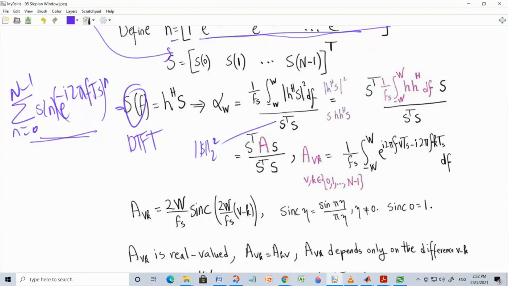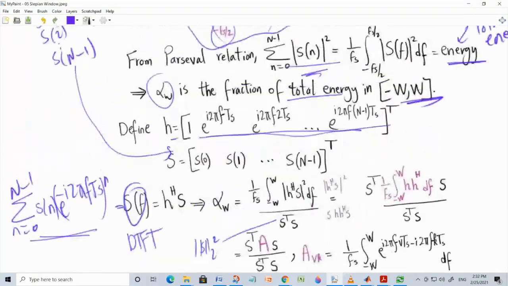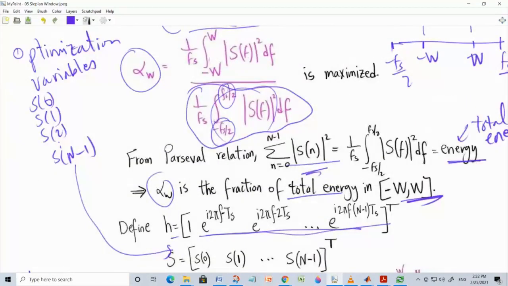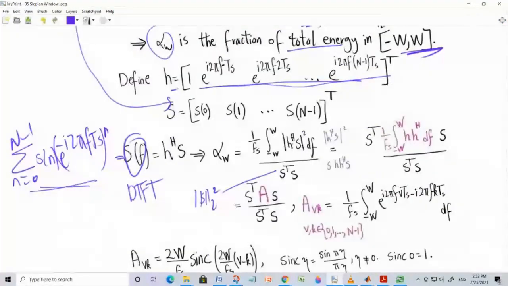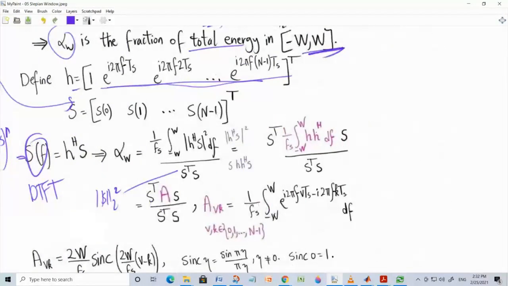What about the numerator? The numerator is S(f) equal to H Hermitian S, magnitude squared. So this is a scalar, the magnitude of a complex scalar squared.